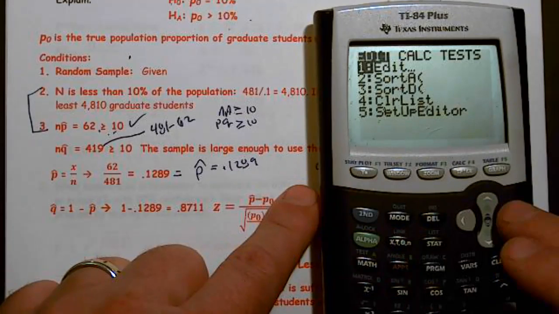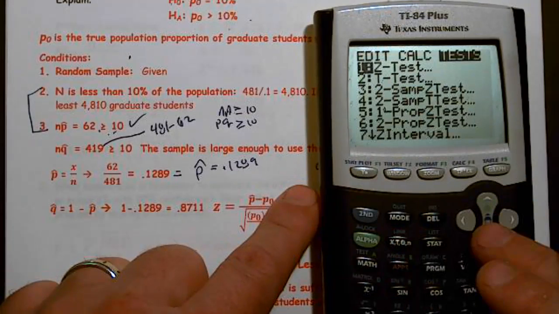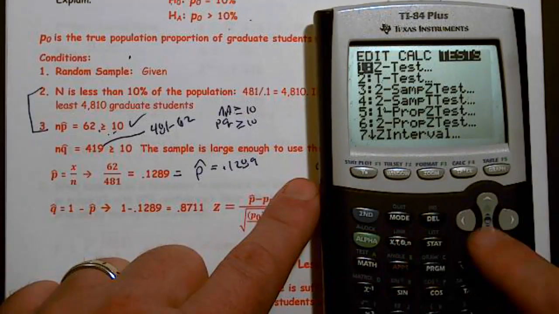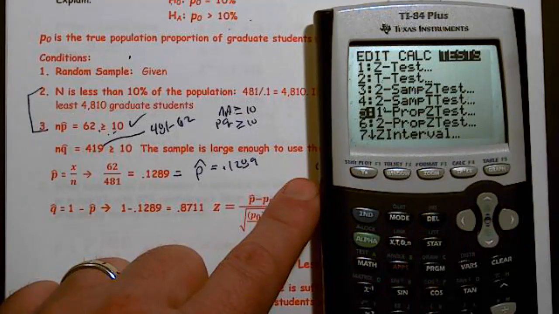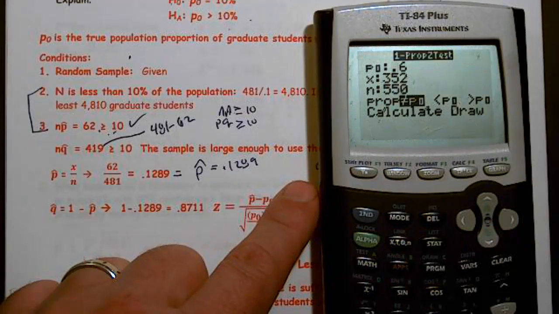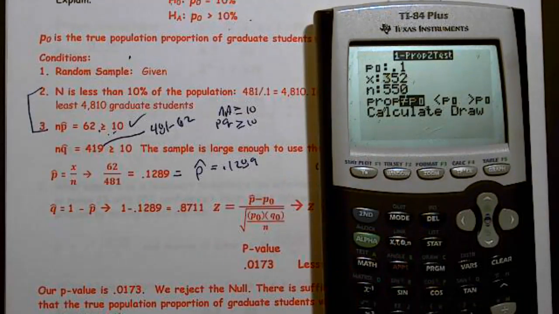Stat, test, one proportion z-test. Our claim is 0.10. The number of grad students who wanted it was 62 out of 481 surveyed.